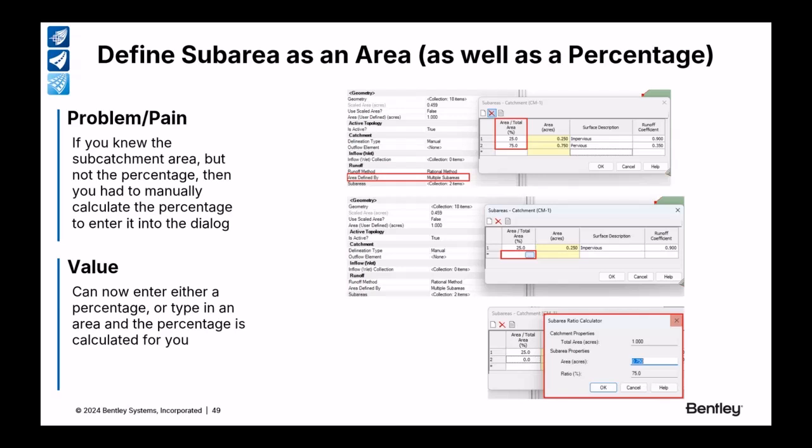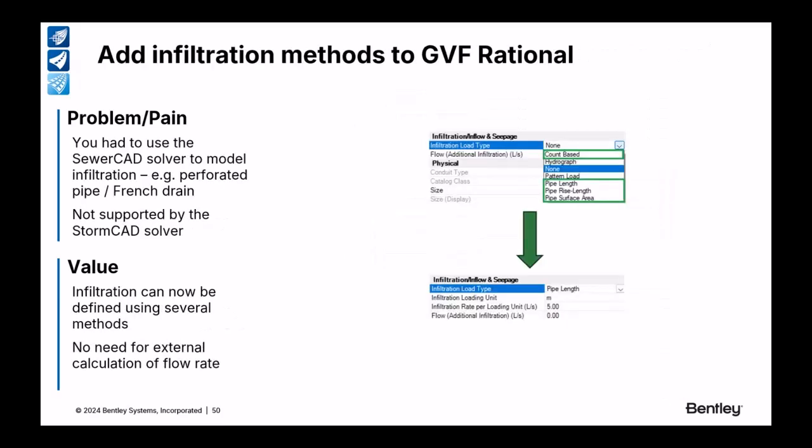So you don't have to think, oh, hang on a minute, the catchment area is this, and I've defined this sub area and that sub area, so what's left? The dialog will do that for you. So that makes it nice and easy.